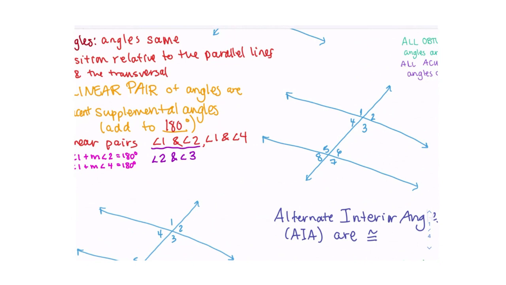We need angle 4. We already had 1. What other angle is angle 4 a linear pair to? Emily and Nick, can you see what angle 4 is a linear pair to? We already talked about 1.